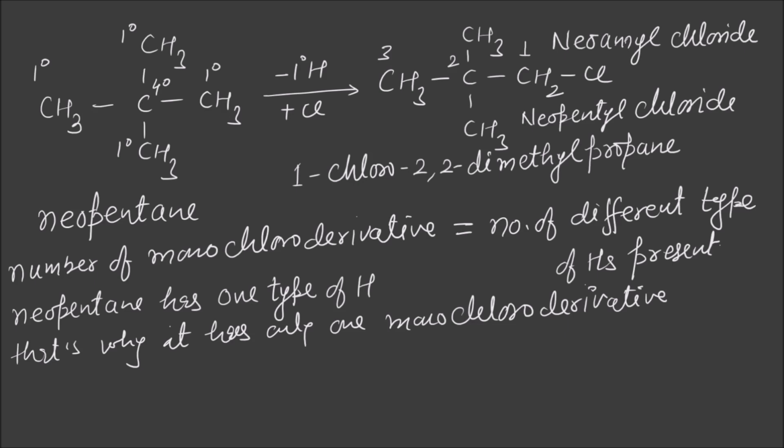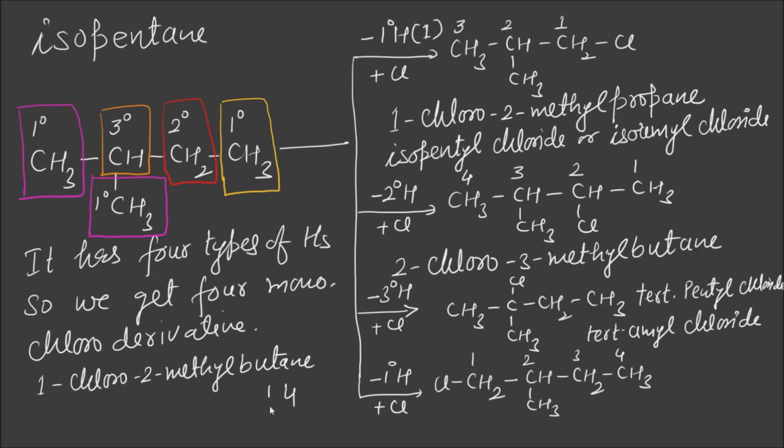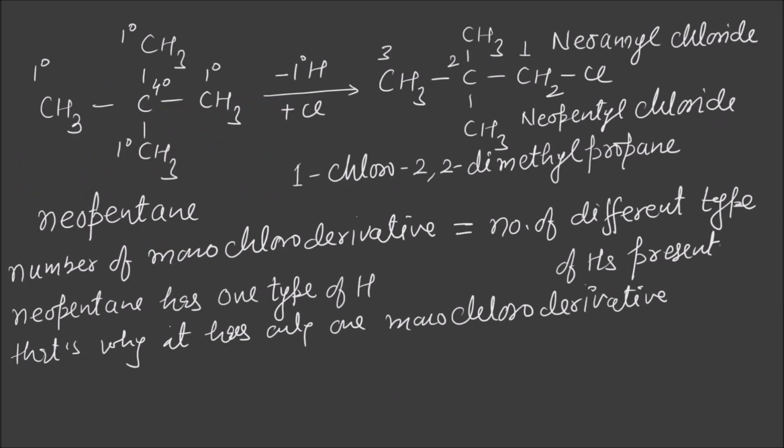Total 8. Because in normal pentane, monochloro derivatives are 3. In isopentane, monochloro derivatives are 4. In neopentane, the monochloro derivative is 1. So total monochloro derivatives of pentane, C5H11Cl, are 8. So the total number of structural isomers possible is 8.